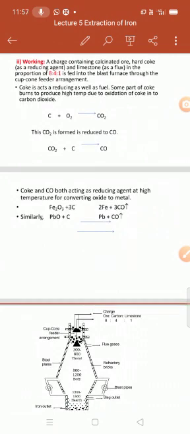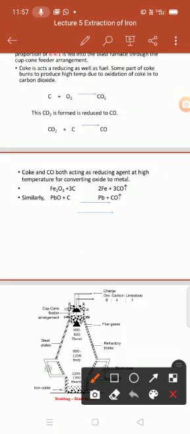Coke acts as a reducing agent and as a fuel. Some part of the coke burns to produce high temperature due to oxidation of carbon into carbon dioxide. Carbon reacts with oxygen, forming CO2. This CO2 again reacts with carbon, forming carbon monoxide.